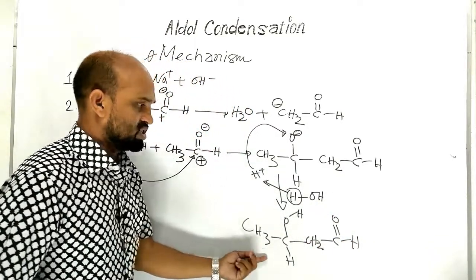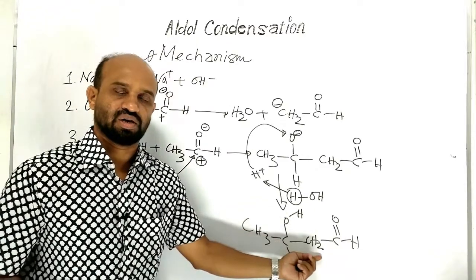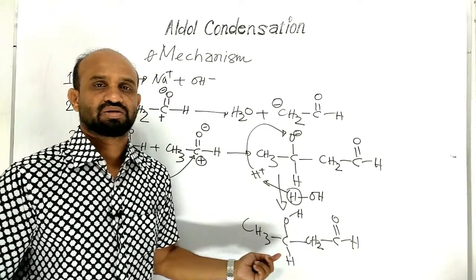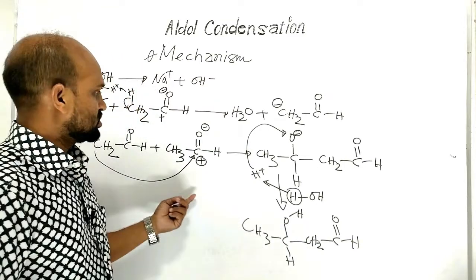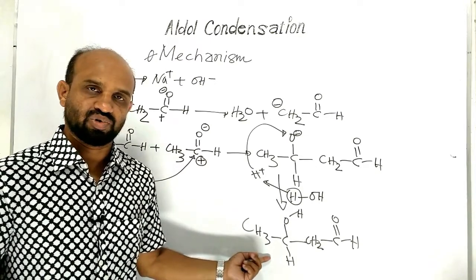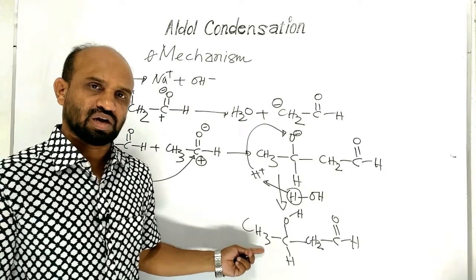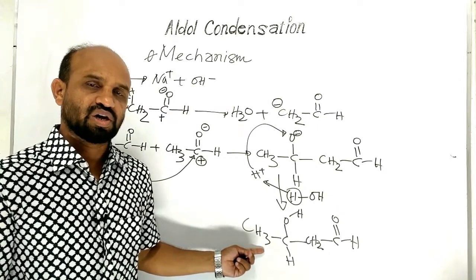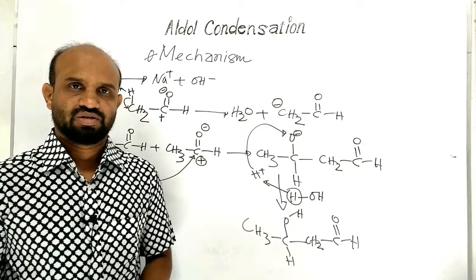So this is formed, which is beta hydroxyaldehyde, aldol condensation product. This is the mechanism through which beta hydroxyaldehyde is formed from aldehyde. This is aldol, beta hydroxyaldehyde. Let's move on to the next point.